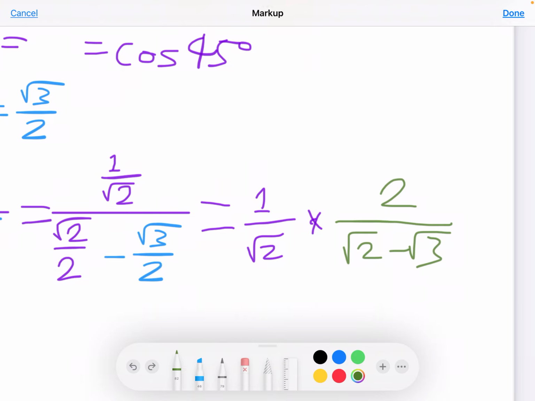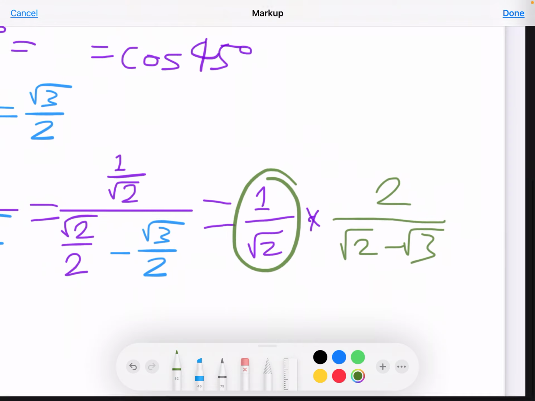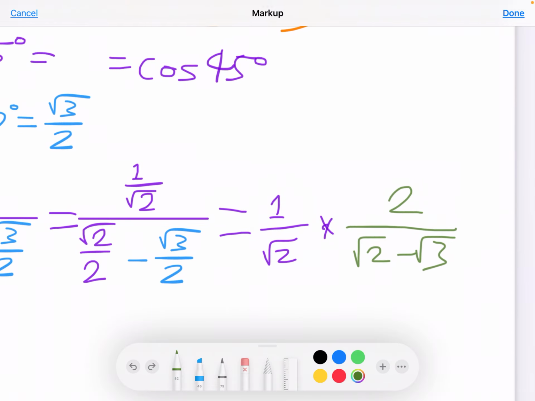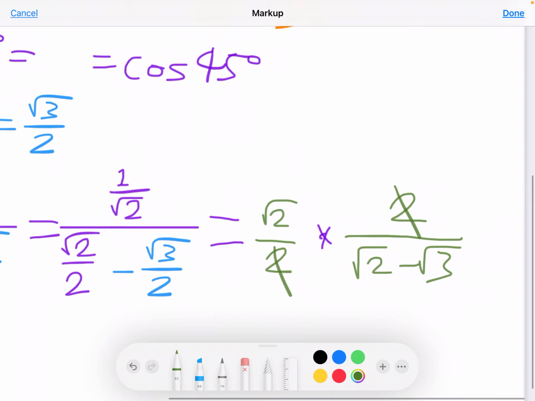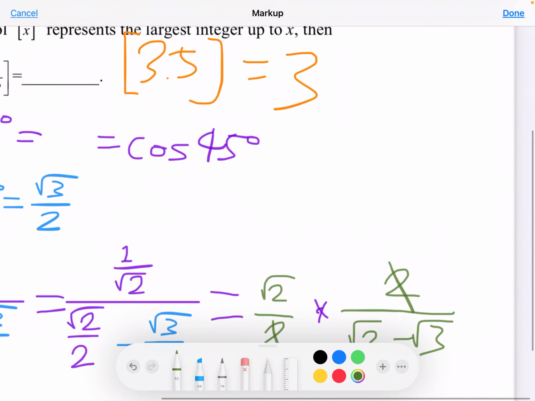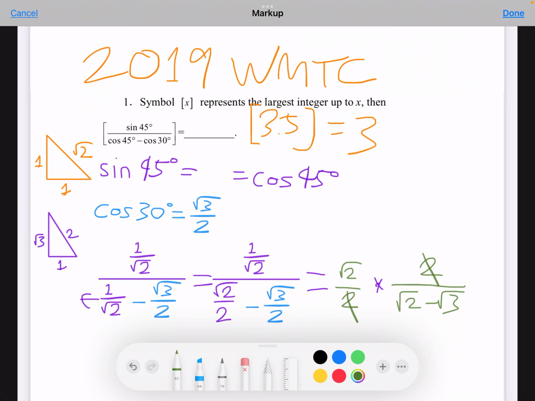Here again this is equal to square root of 2 over 2, so these 2's cancel out. Now we have the square root of 2 over square root of 2 minus square root of 3.